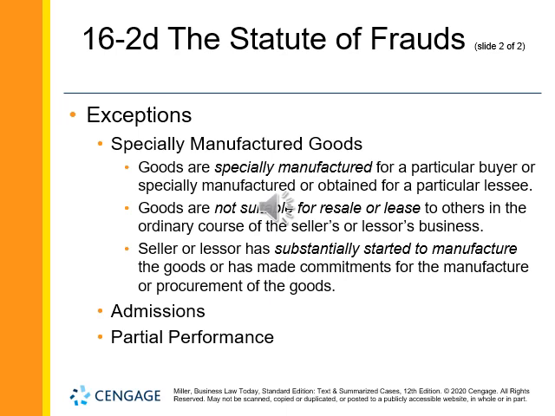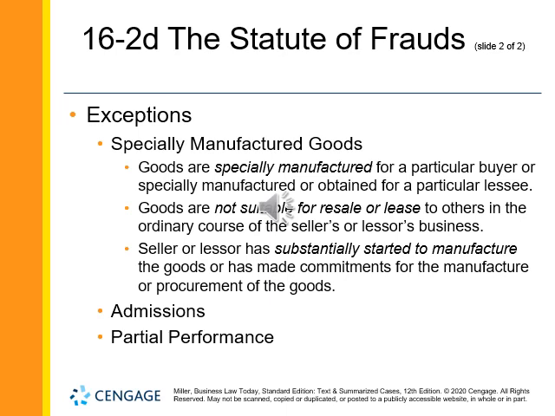Additional exceptions to the statute of frauds include admissions. An oral contract is enforceable if the party against whom enforcement is sought admits its existence in pleadings, testimony, or other court proceedings, but only to the extent of the quantity of goods so admitted. This is no different from the standard rule in common law contract cases.